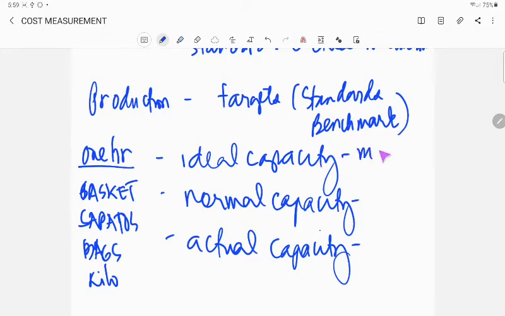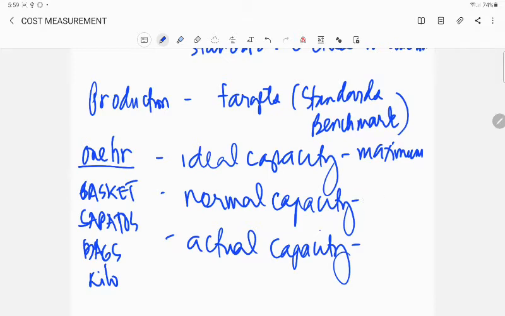And definitely, yung ideal capacity, ito yung maximum. Okay? Yan na yung best, without any delays. Samantalang ang normal capacity, this would consider yung normal delays. Kasama dyan yung mga maintenance.